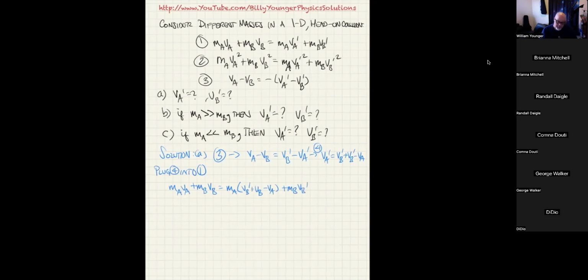Now remember, I'm pretending I know MA, MB, and VA and VB. The only things I don't know are VA prime and VB prime. So I've now eliminated VA prime, and this allows me to actually solve for VB prime. So I'm going to try to get all the VB primes together and everything else on the other side.